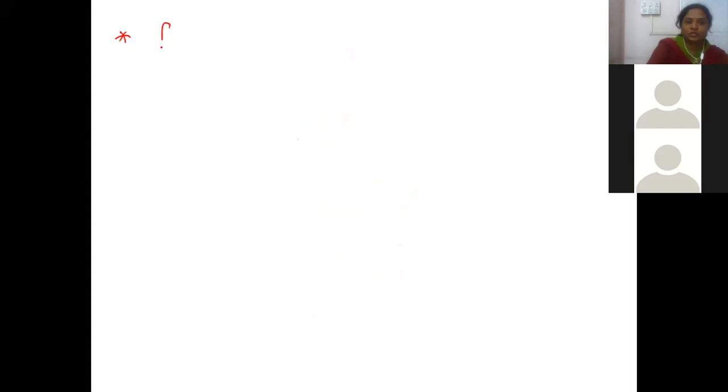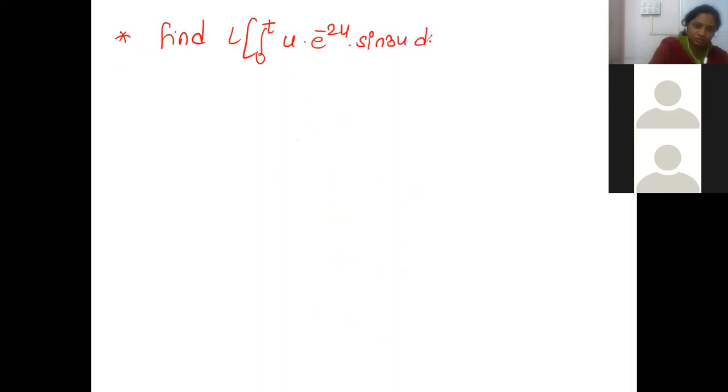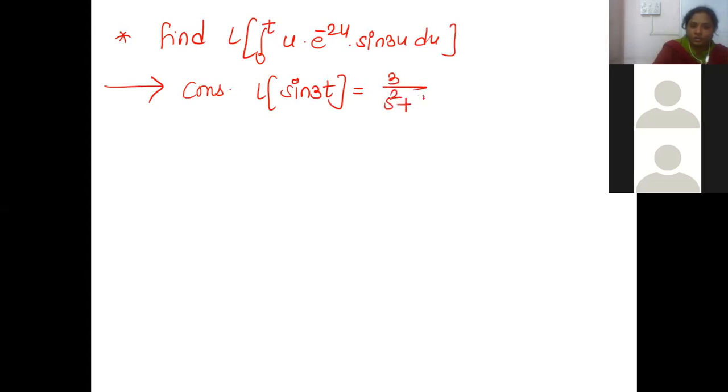One more question for you. Please solve this. Find Laplace of the integral from 0 to t of u e raised to minus 2u sine 3u du. Try this. So what will you consider first? Laplace of sine 3t, which is 3 upon s square plus 9.